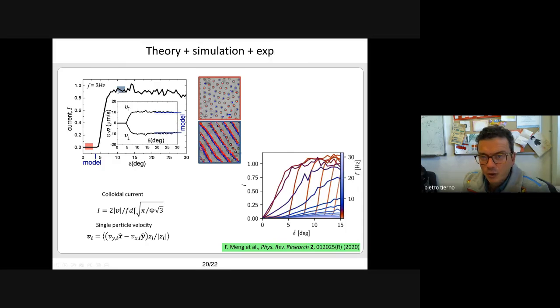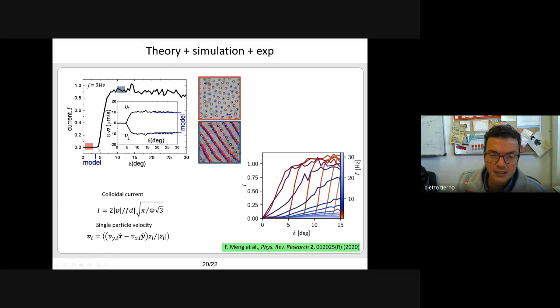Here, for example, we combine theory, the model that I showed you before, plus the simulation, plus the experiments, which are these few points, these two images, to see how the current changes when we change this delta. When delta is 0, there is of course no current, because the colloids stay either localized or they can be transported, but there is no breaking of the symmetry of the system.